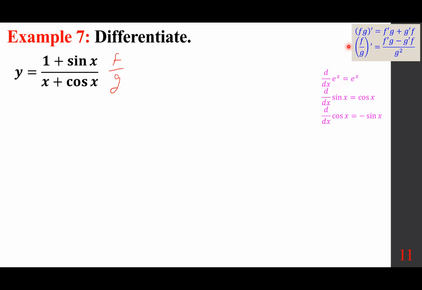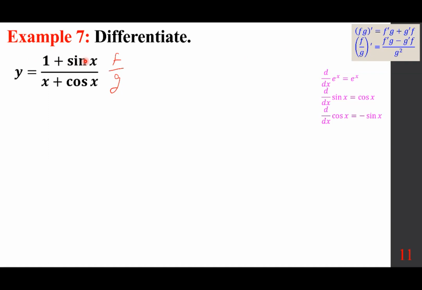Again, I'm going to sound like a broken record, but it's important to understand this. I would write formulas that I have learned and memorized, and then I would follow the formulas. So I would write that formula, and according to the formula, I have a huge fraction, and then the top is f prime. Okay, so the derivative of 1 plus sine x is just cosine x.